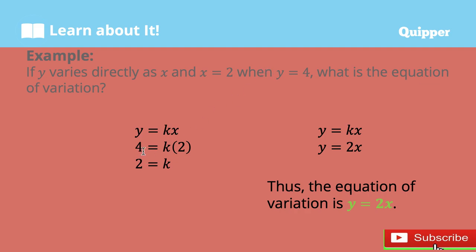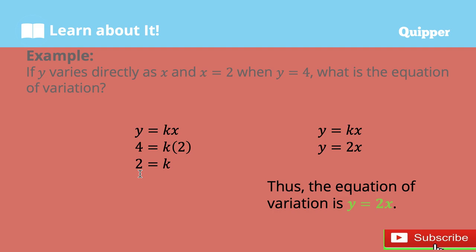We have 4 is equal to k times 2. Divide both sides by 2 so that we can get the value of k. 2 divided by 2 is 1, 1 times k is k, and 4 divided by 2 is 2. Therefore, the value of k is 2.